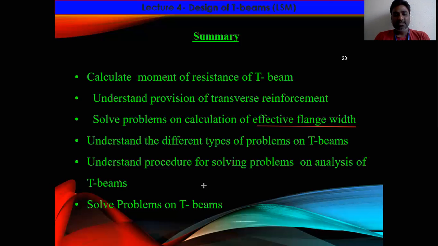Then compare it, and if xu is less than or equal to xu max, then use the bending moment equations whatever we were discussing. If xu is greater than xu max, then you need to restrict your xu equal to xu max, right, to avoid the sudden failures. Then you can use the same equation by replacing xu equal to xu max for determining the moment of resistance, right?